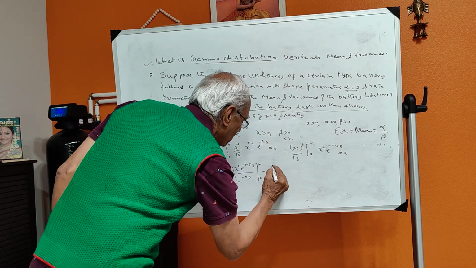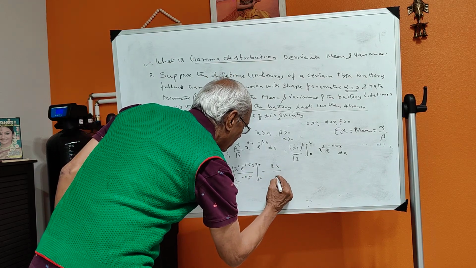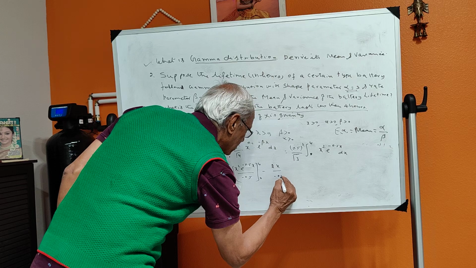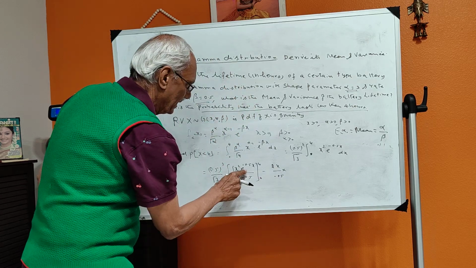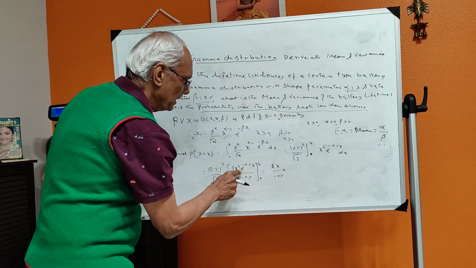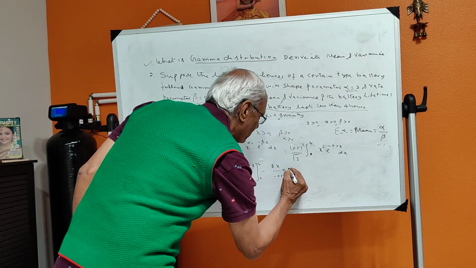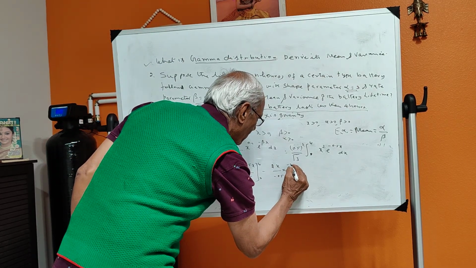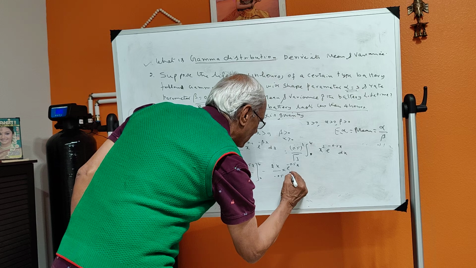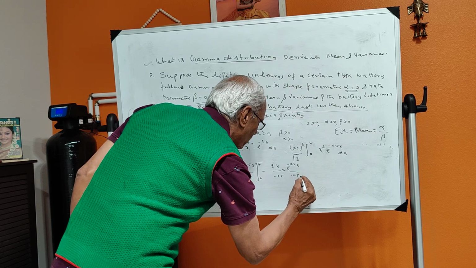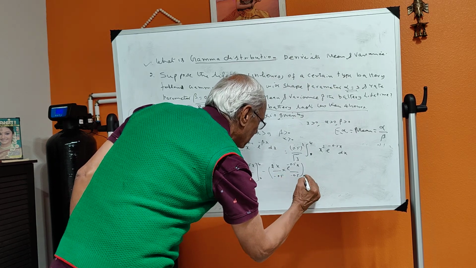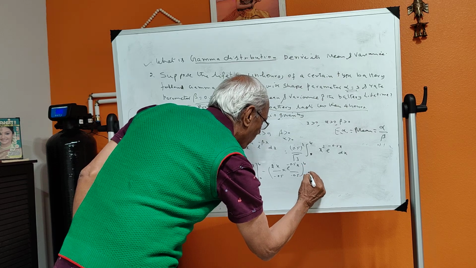The differentiation of this is 2x divided by minus 0.5, then the integration of e to the power of minus 0.5 x is e to the power of minus 0.5 x divided by minus 0.5, from 0 to 4.